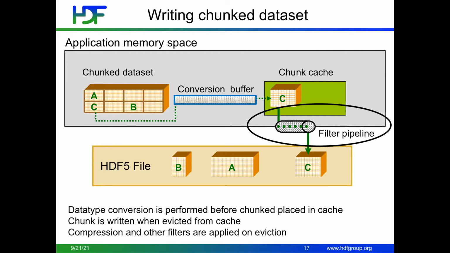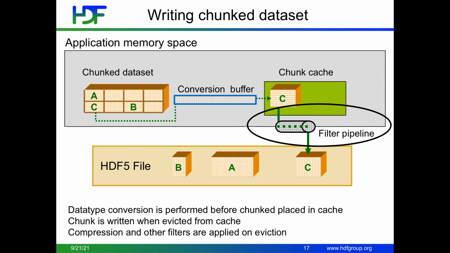Also, what is happening when you apply compression? In application memory, you have, say, a chunked dataset that's just your buffer, which is logically divided, and you're doing some I/O. And in this picture, we're doing just I/O on the chunk. So if the chunk fits into the cache and you issue any write operation, the chunk is placed in the chunk cache, and data type conversion is done before it is placed in the chunk cache.